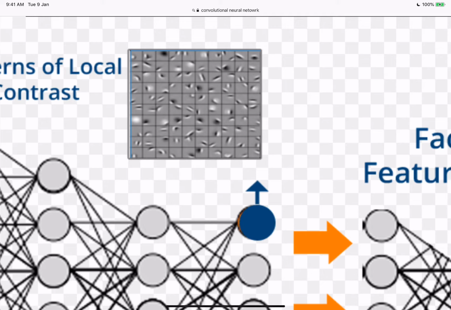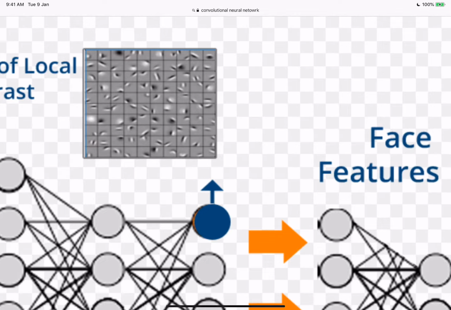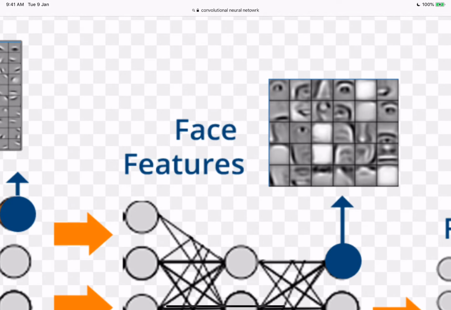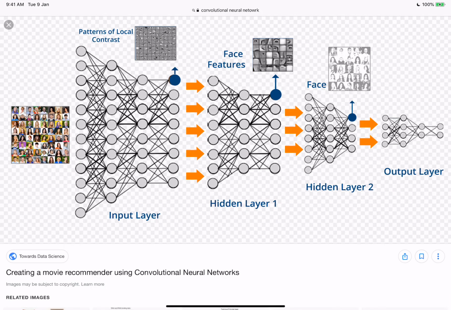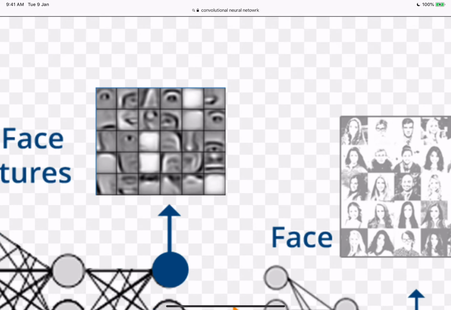These are factorized forms from our data. And then at higher levels in our neural net, or higher layers, these patterns may become much more complicated, right?